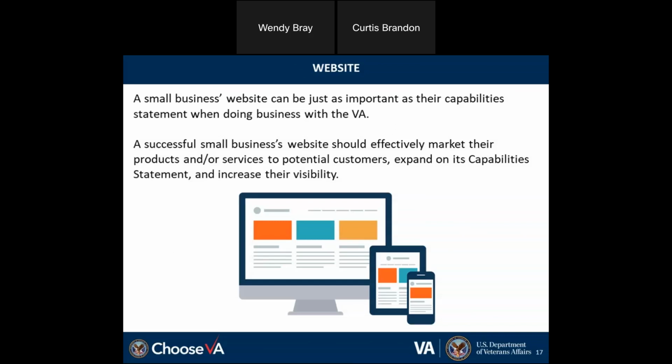Well, the first thing, they are not able to access your website. You need to ensure that the buyer is able to access your website. Another thing is the information on your website doesn't match up with the information on your capability statement.